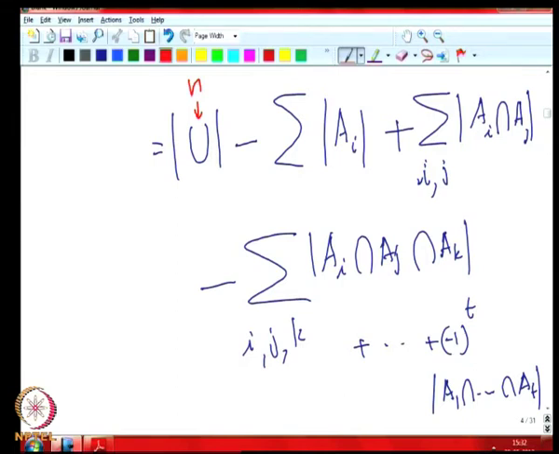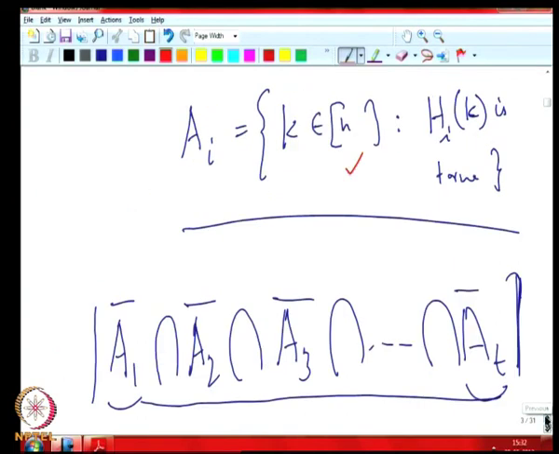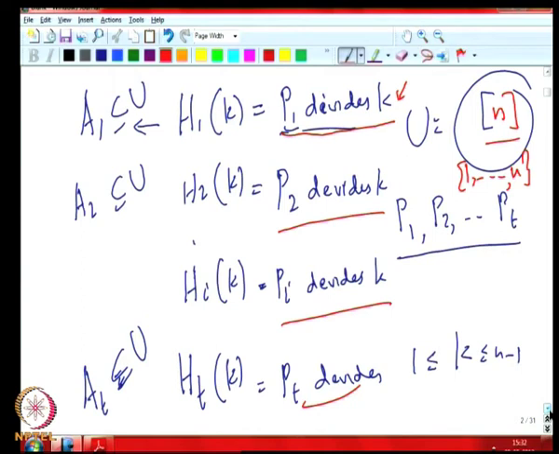So I repeat, if you are interested in the numbers from 1 to n which are relatively prime to n, we could in a sense only consider numbers from 1 up to n minus 1, because n is anyway not going to be part of this collection. But the difficulty here is that we are actually defining these undesirable properties, so P1 divides k, and we are trying to see how many numbers satisfy that property.